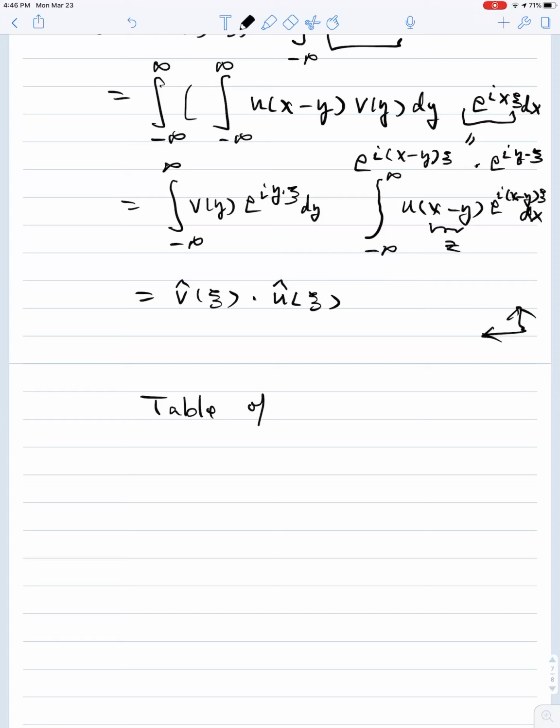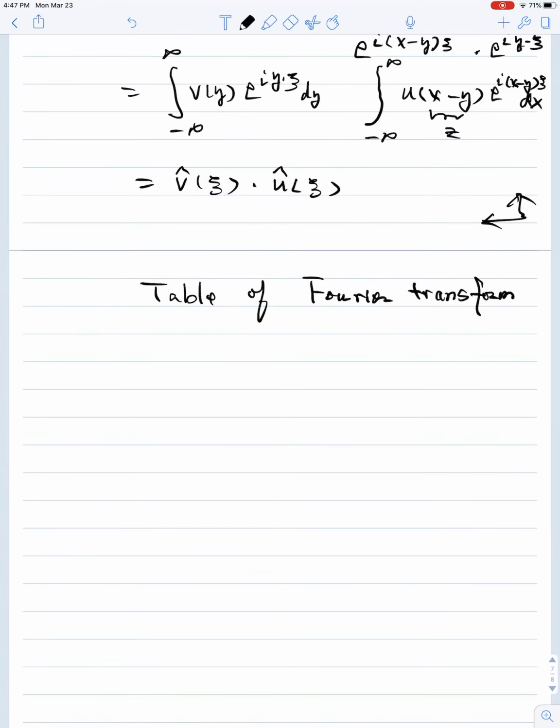Table of Fourier transforms. So this is the original function u(x), and this is the Fourier transform u hat(ξ). First, for the Heaviside function, H is the Heaviside function, H(a - |x|).